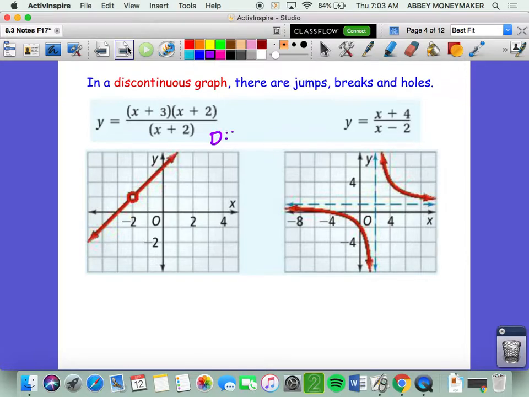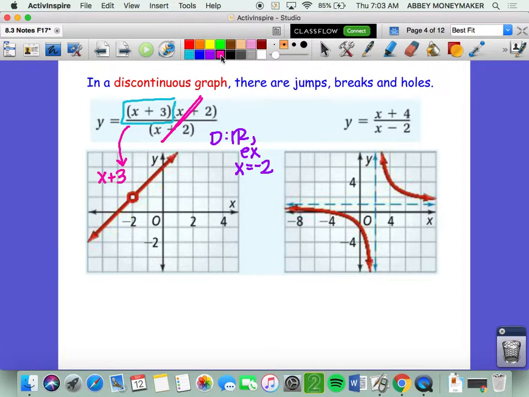The first thing we can see is our domain would be all real numbers except when x is equal to negative 2. But then you notice that x plus 2 on the bottom cancels out with the x plus 2 on the top. So that's why this function graph down here below looks like the line x plus 3, because that's all I'm left with. I'm just left with x plus 3 after I canceled out the x plus 2's.